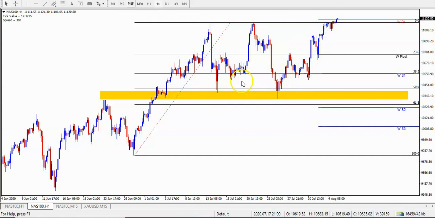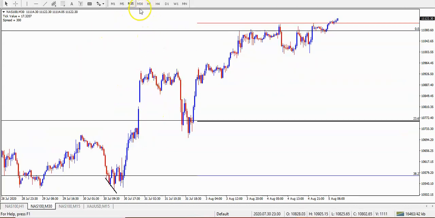So the market keeps on doing the very same thing over and over again. You just have to learn how we identify it, which is not that hard. It's actually simple.